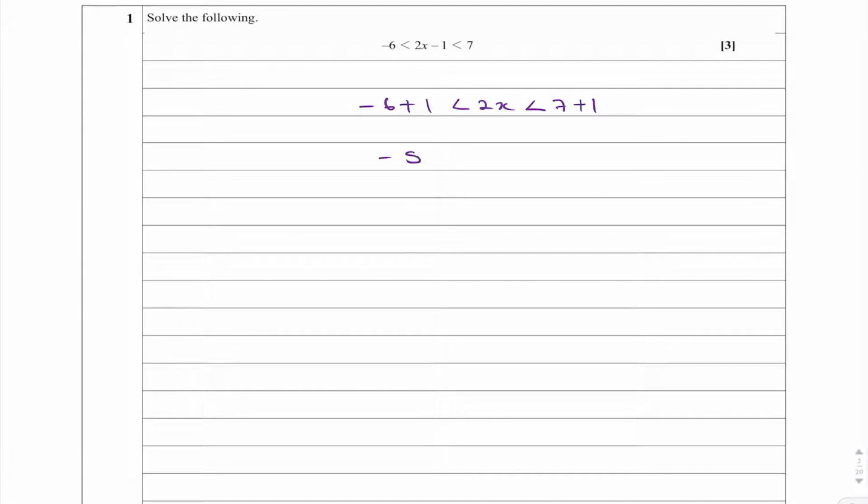Minus 5 less than 2x less than 8. Now we need to divide all by 2. Minus 5 over 2 less than x less than 8 over 2. And therefore, minus 5 over 2 less than x less than 4.